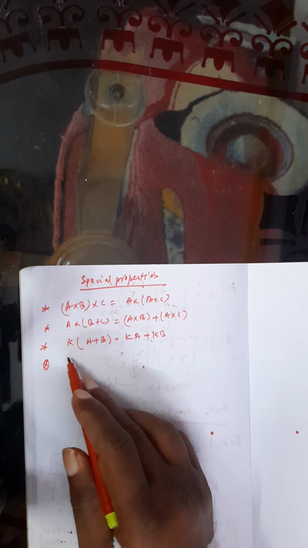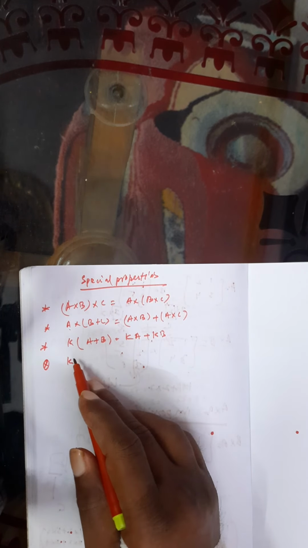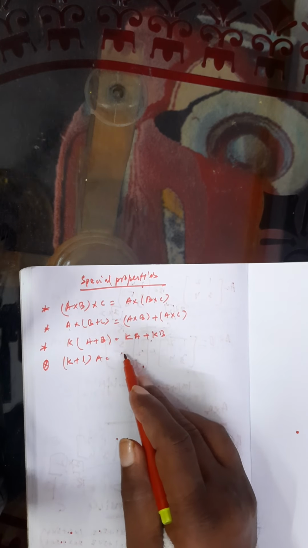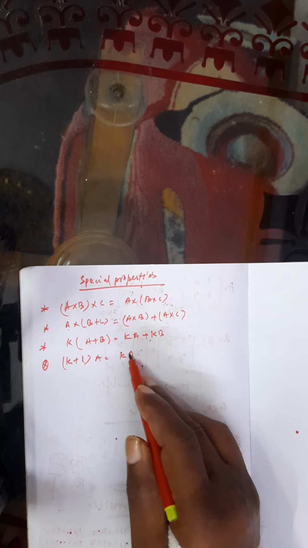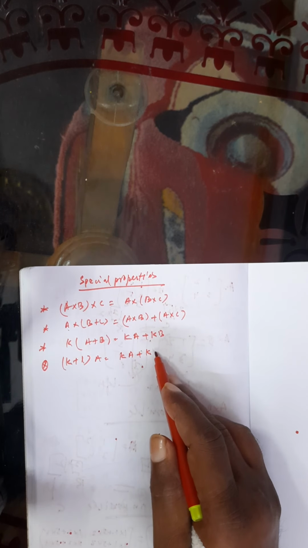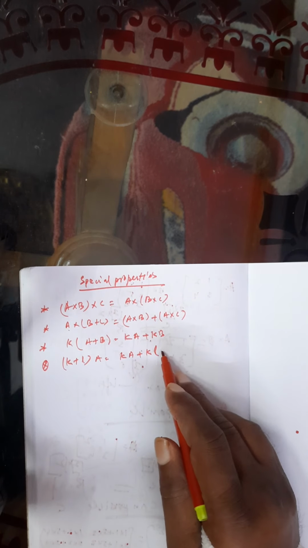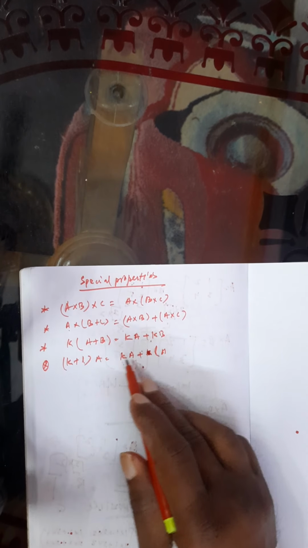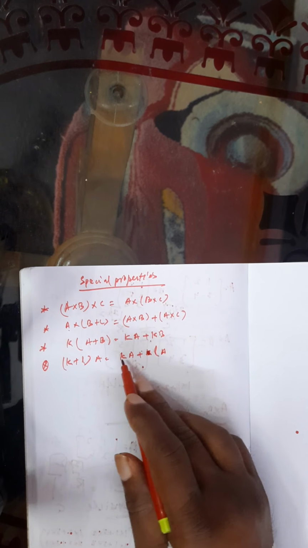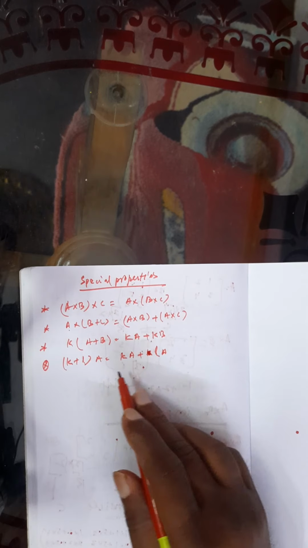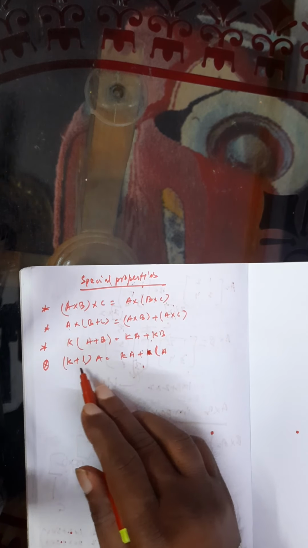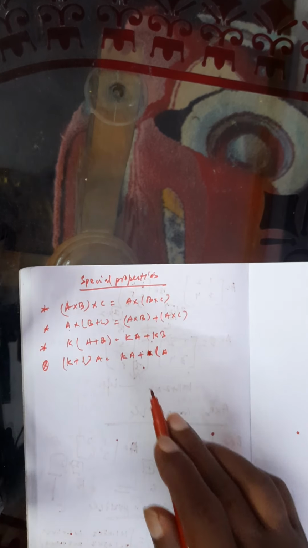Next you can write, for K plus L, two numbers and one matrix: K into A, and L into A, not K. K multiplied with A, L multiplied with A. If you separately multiply the matrix with K and L and add, or add the numbers and multiply with A, you will get the same results.